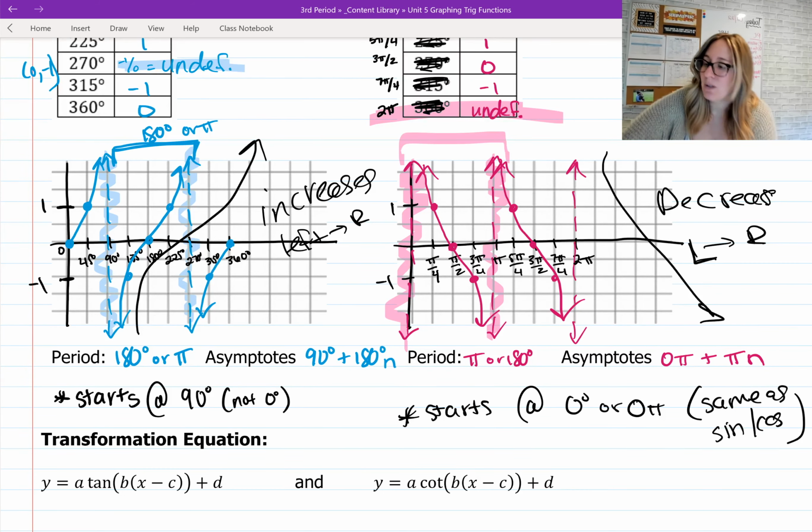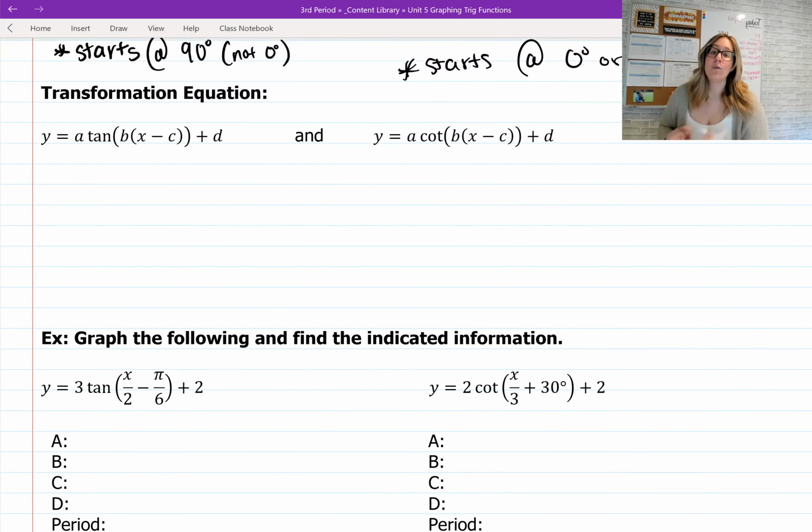Next we'll look at transformation rules. It is the same for tangent and cotangent as it would be for sine and cosine. There's one difference, and it has to do with the period and the frequency. Just to jot this down: A is our amplitude, telling us how far away from the x-axis we go up and down.